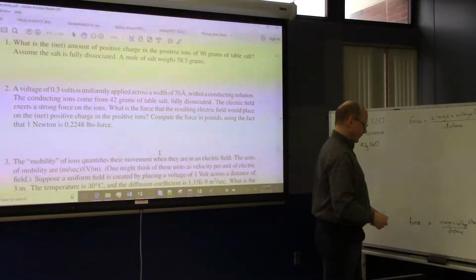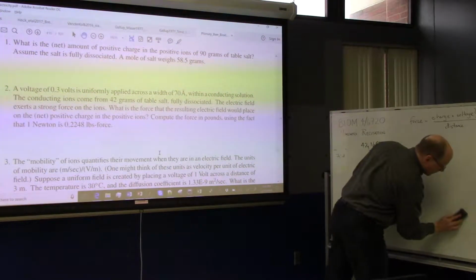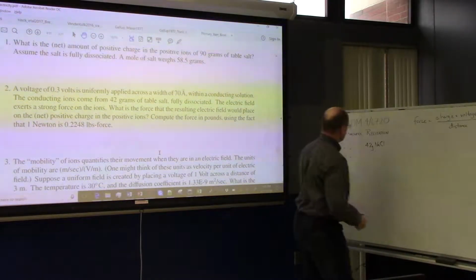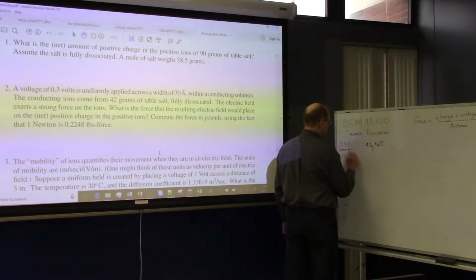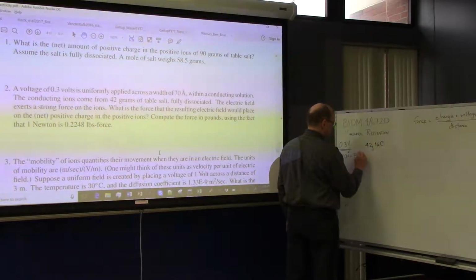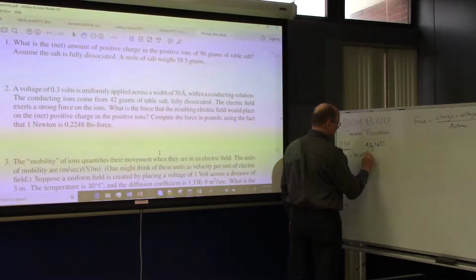And that should get us a Newton. So, 70 times 10 to the minus 10 meters.